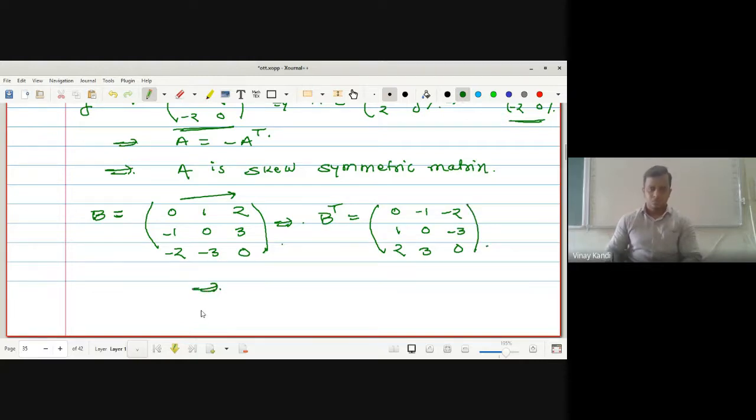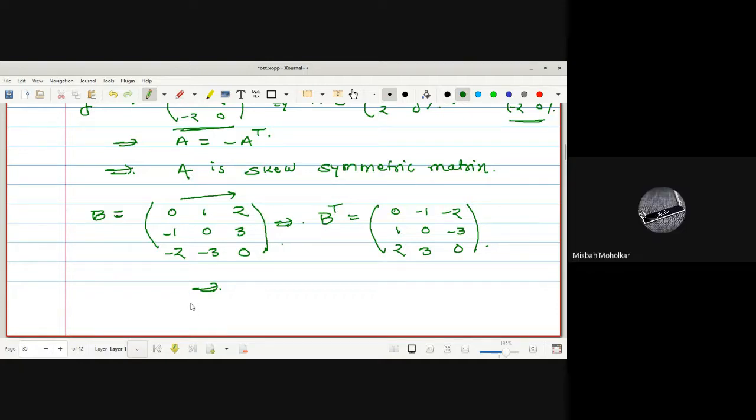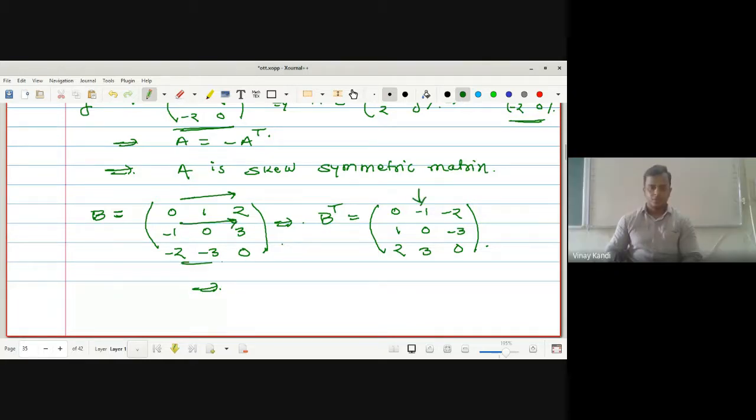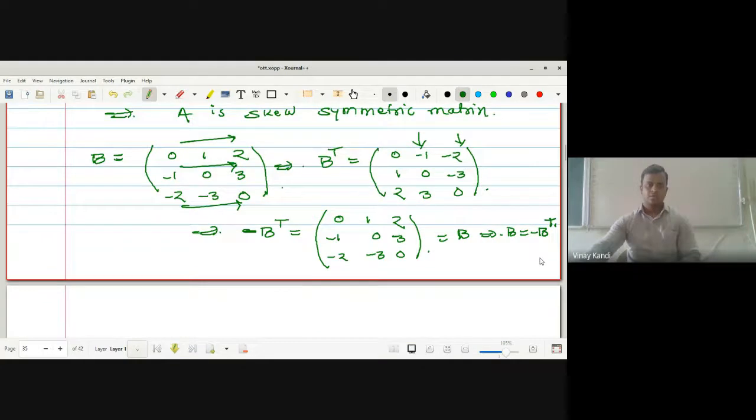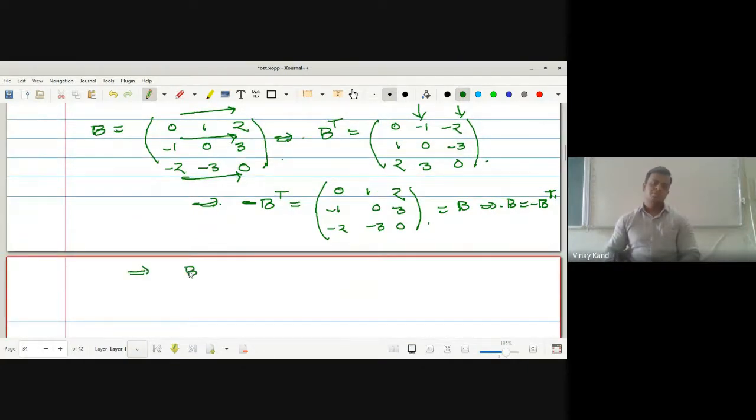Now minus B transpose is equal to, multiplying minus 1 with all the elements of this one, 0, 1, 2, minus 1, 0, 3, minus 2, minus 3, 0, which is equal to B. So B is equal to minus B transpose. So B is a skew symmetric matrix.